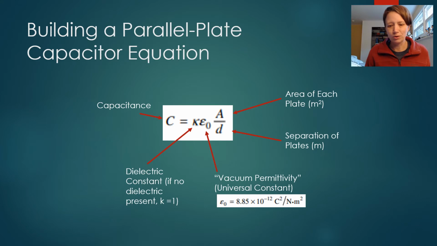It's a universal constant, a little piece of the Coulomb's constant, as you saw in our earlier equations. The value of that epsilon naught is 8.85 times 10 to the negative 12th coulomb squared per newton meter squared. It's a terrible unit. So you usually aren't going to have to calculate anything using this equation. It's more about knowing the relationships, but if you did have to calculate something, that vacuum permittivity constant can be found on your equation sheet.